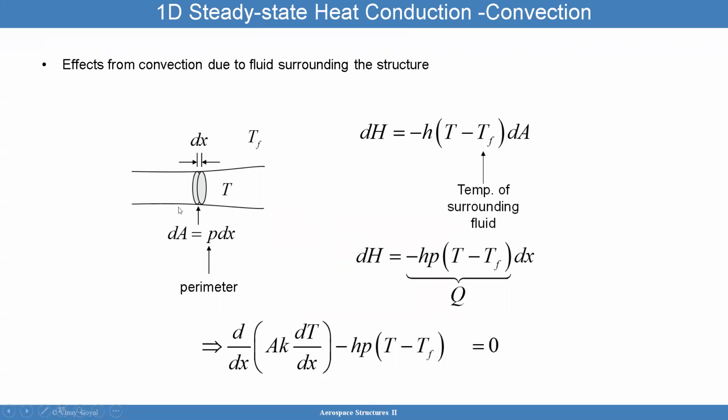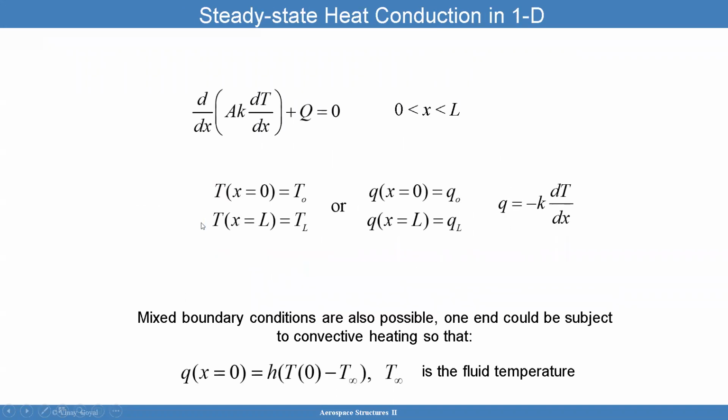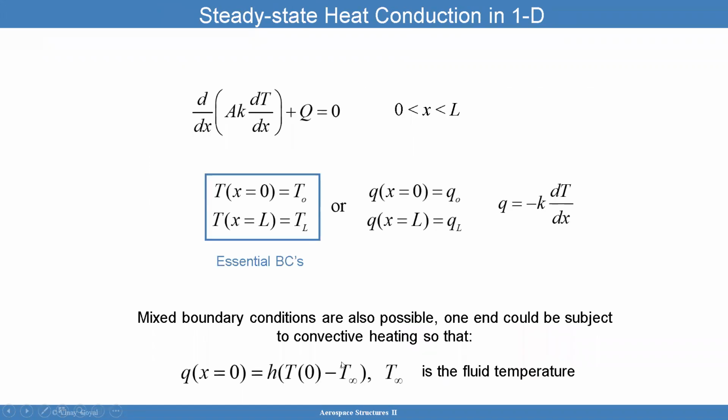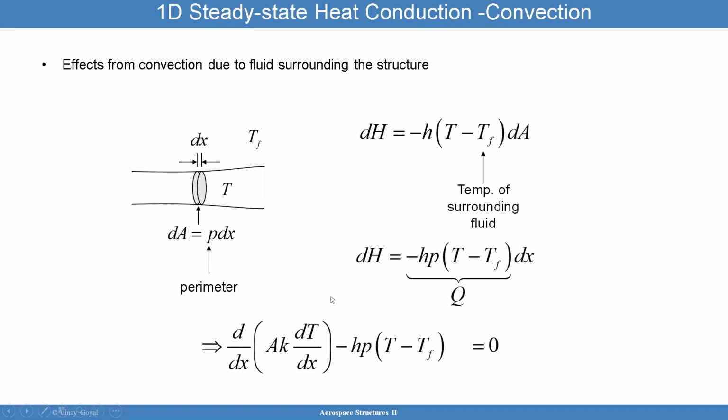So assume you have convection on the side, right? There's convection on this side because there's a fluid surrounding the structure. Well, you see this term Q here. That term Q is a heat transfer from the fluid into the structure, for example. So I can take that Q and figure out what to do with that Q. That Q can be calculated very easily.